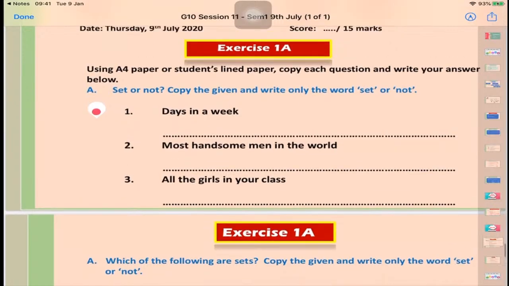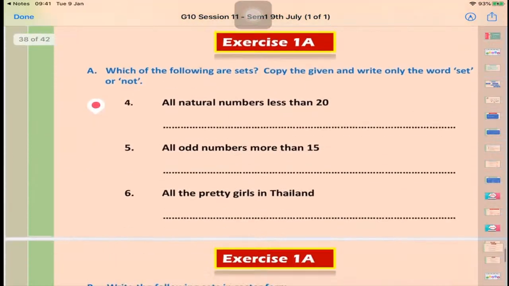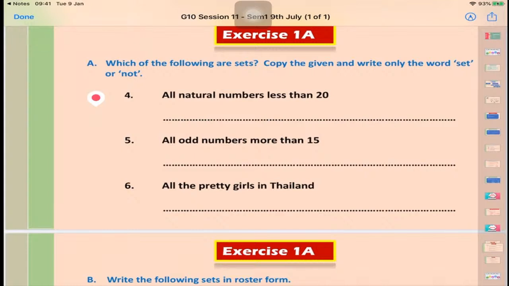Take a photo, students. You have to copy this on the paper and write the answer in the blanks or in the space provided. Next is numbers 4, 5, and 6.